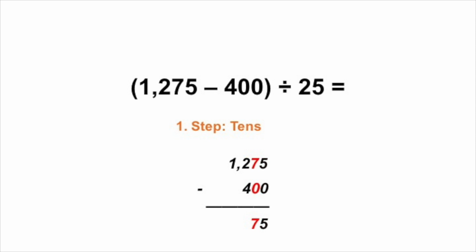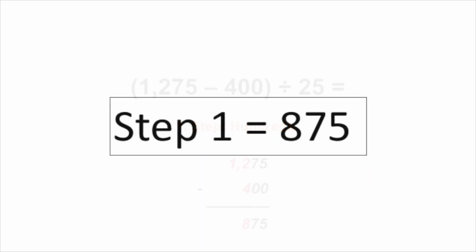And then 2 minus 4? Can't do, so we borrow from the next biggest column. So we say 12 minus 4 equals 8. So now we have our answer to our step 1. 875. So the answer for step 1, 875.